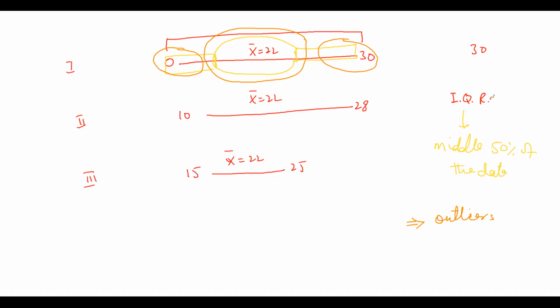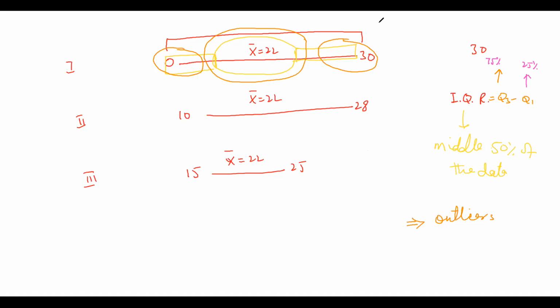That is why the interquartile range is basically the upper quartile minus the lower quartile. The upper quartile stands at 75% of the data, and this Q1 stands at 25% of the data. So we look at the curve and we just focus on the middle 50% of the data to get a more realistic picture of the data.